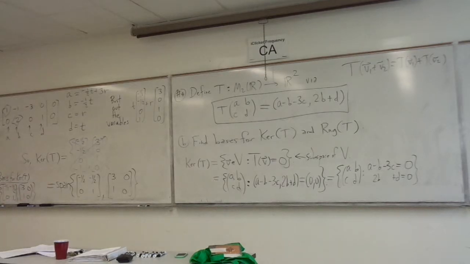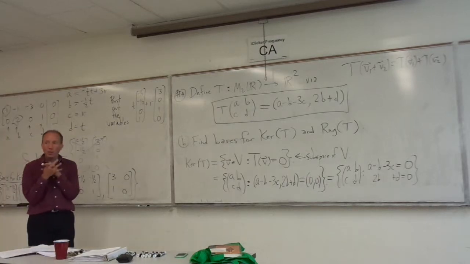Don't put the word span in front of it. Okay, you see the difference? It's just the difference between what is the kernel versus what is a basis for the kernel. Those two questions are not exactly the same question. Okay, so that's the kernel.